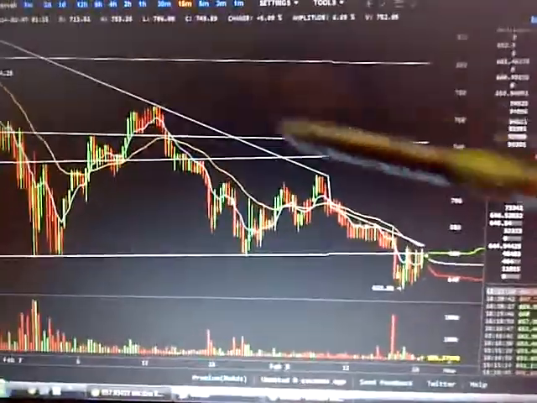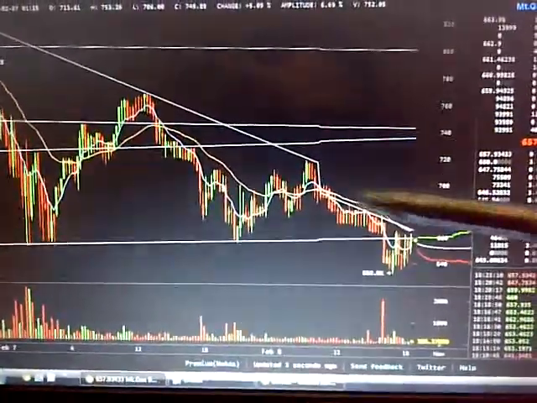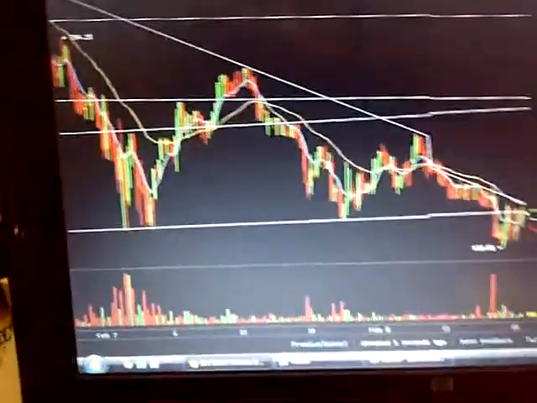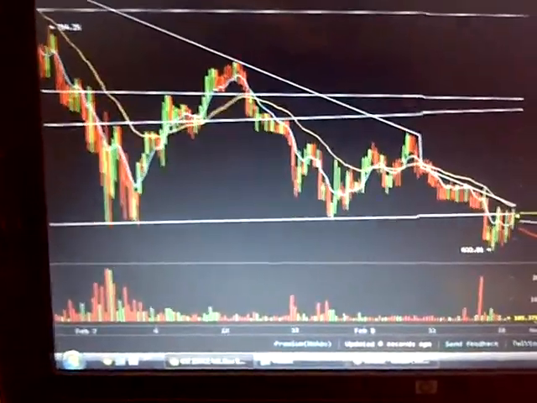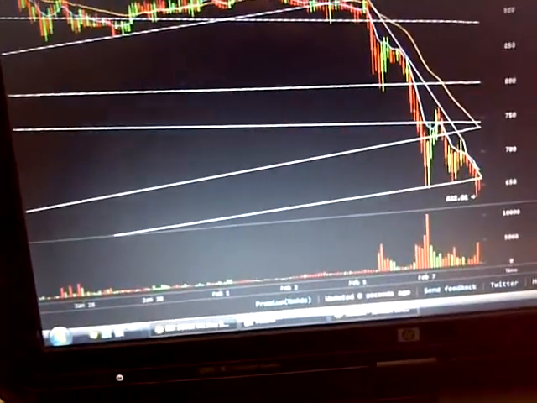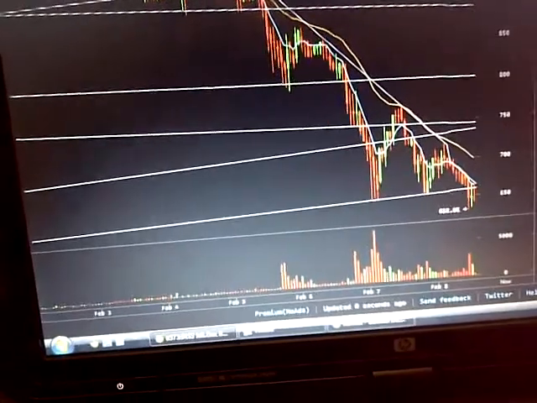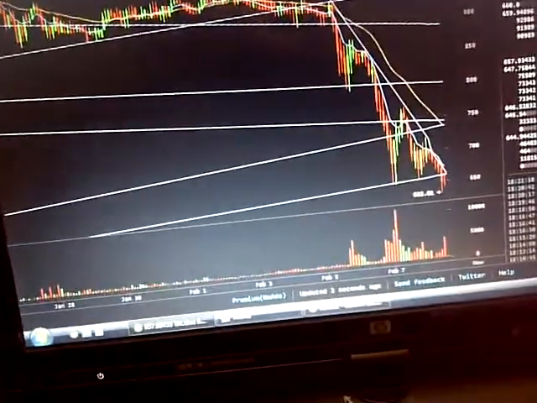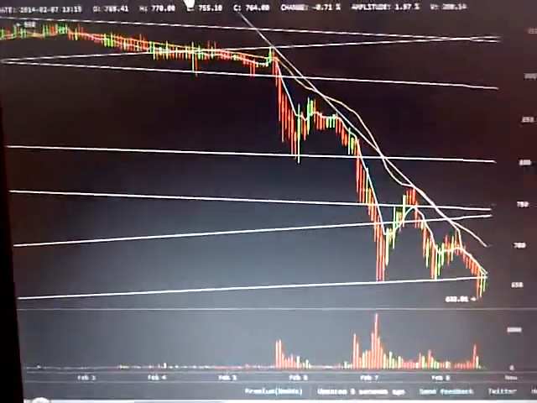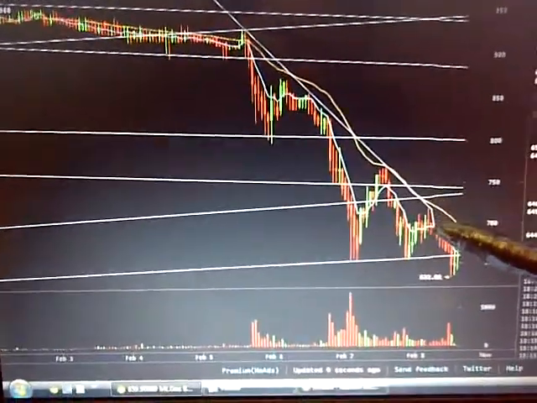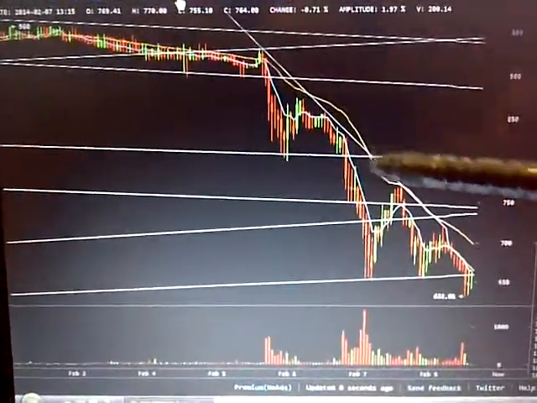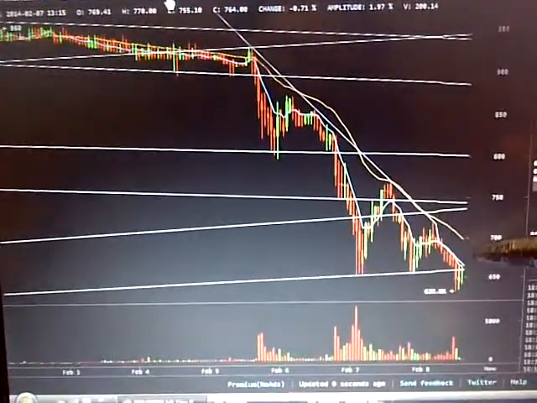Anyways, I'm looking at this, and I don't know why that is doing that, but let's back up here. Okay, whatever the reason, the line just moves this way and goes down, but you see this is still in a downtrending pattern.